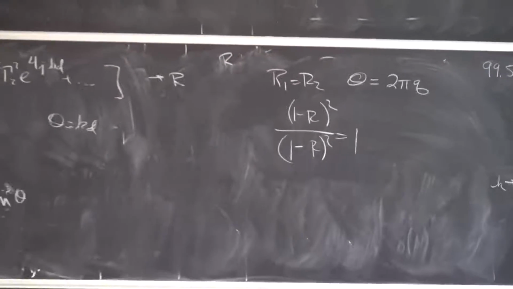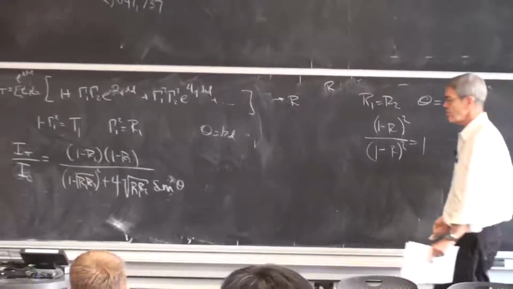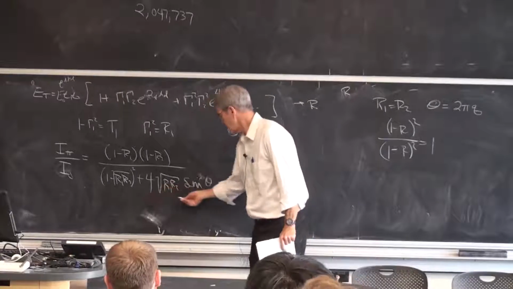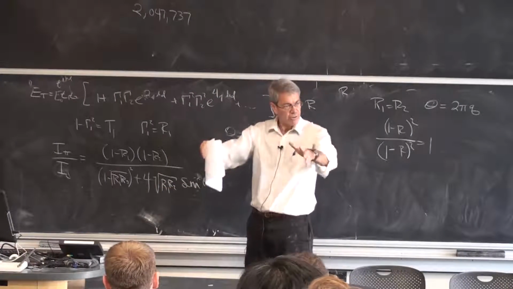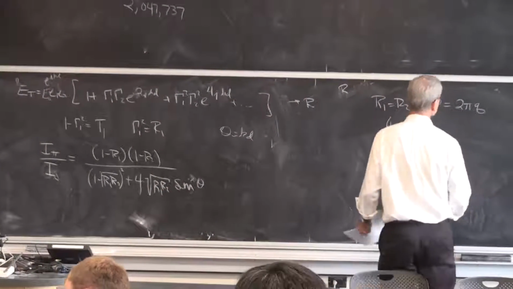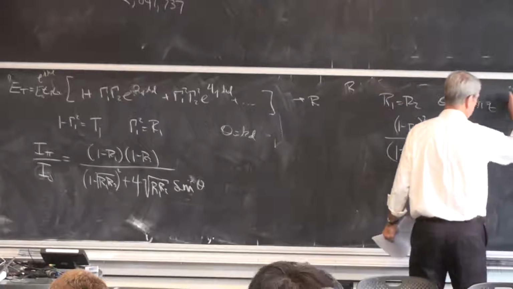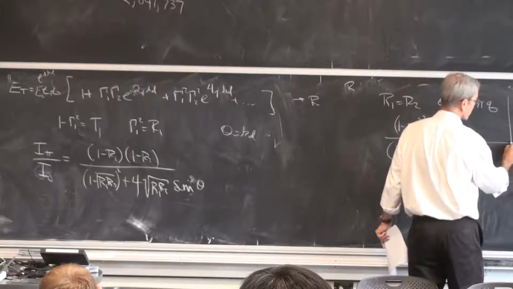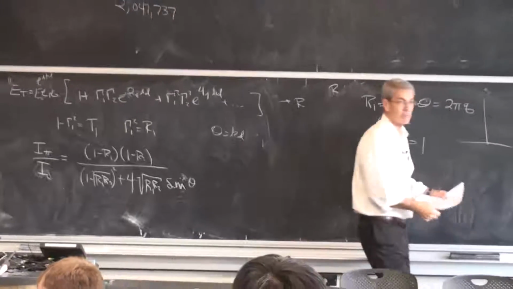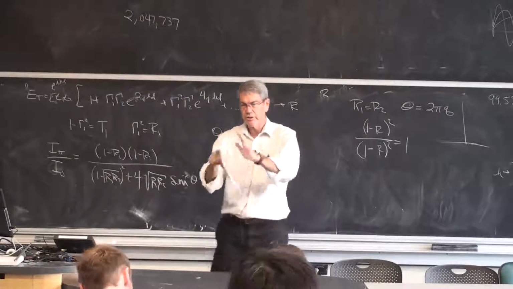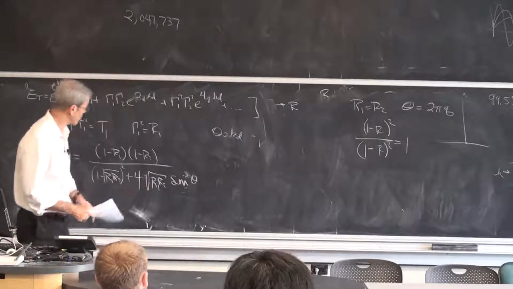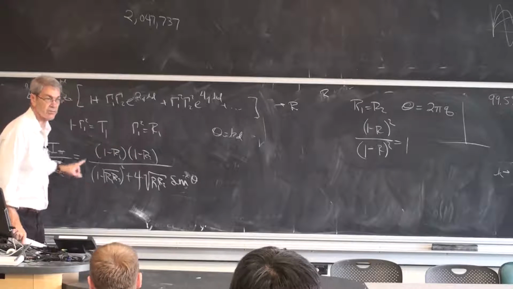And as I get off resonance, this term starts to grow, and you can see the amplitude starts to fall. As I go off resonance, I'm no longer on my mode here. As I'm getting away from my mode, we start to get a little less transmission. And this describes how this transmission goes as a function of the reflectivity of the mirrors.